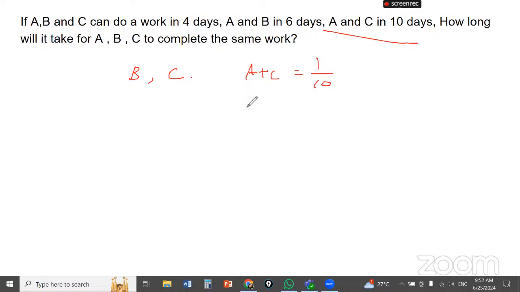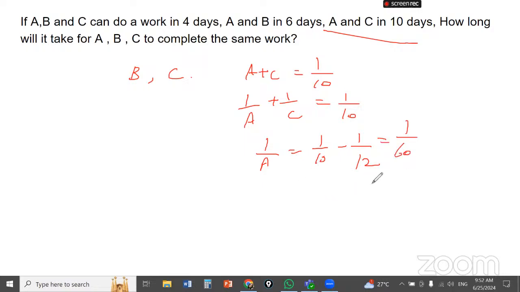And so 1 by A, 1 day work, 1 by C is 1 day work, 1 by 10. This is how I found A. So for C, we found 1 day work was 12. So 1 by A is equal to 1 by 10 minus 1 by 12. By doing this, we get the answer to be 1 upon 60. So we get it as 60. So that's how I found for A in this one.